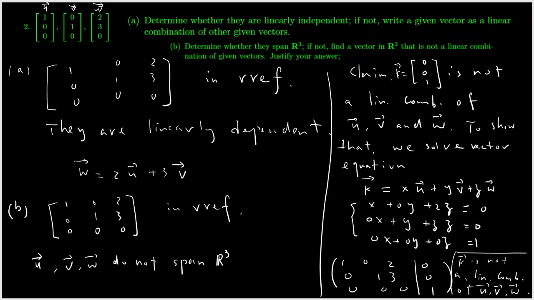Which means not all vectors in R3 are a linear combination of u, v, and w, right? Or u, v, and w cannot span R3, so that's more convincing. So that's how you answer question B.